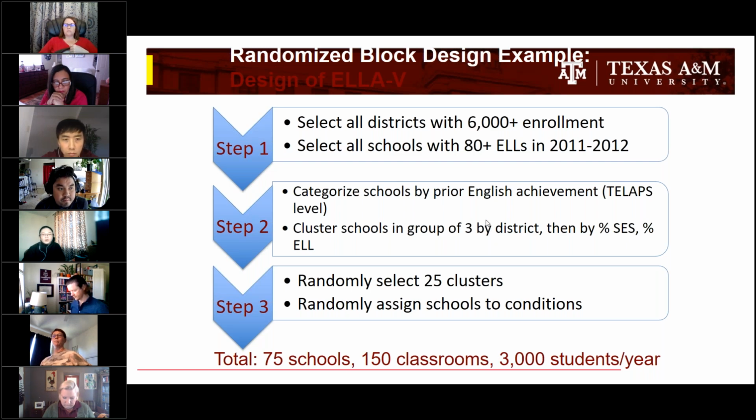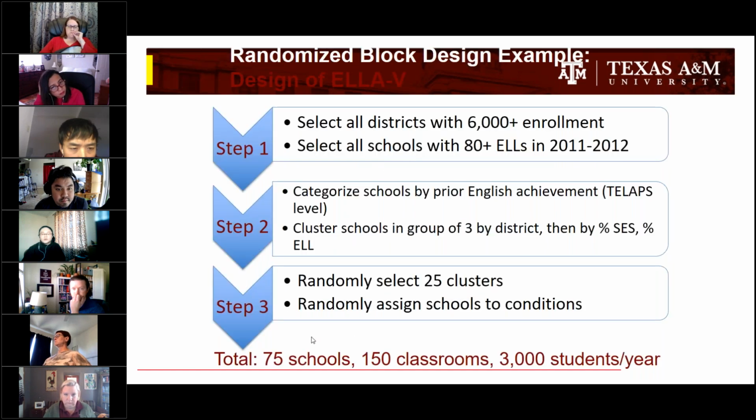So by clustering a group of 3 schools that have most closely matched TOPAS rating, percent of SES, and percent of English language learners, we can say that one group of three schools within one district can share most similarities. And then within that group of 3, we randomly assign schools to different conditions.